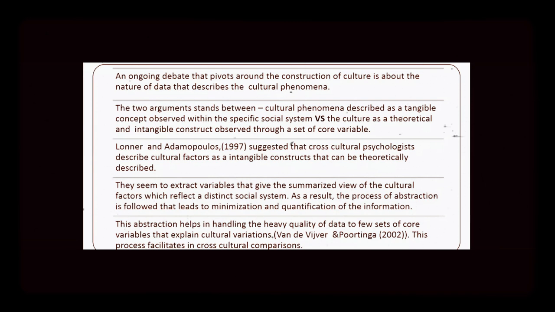As a result, a process of abstraction is followed that leads to minimization and quantification of the information. This abstraction helps in reducing the heavy quantity of data to a few sets of core variables that explain cultural variations. This process facilitates cross-cultural comparisons.